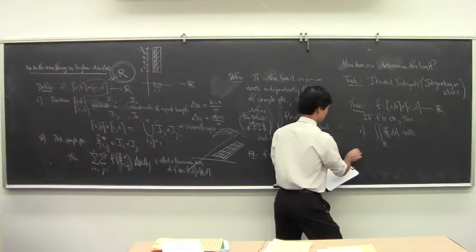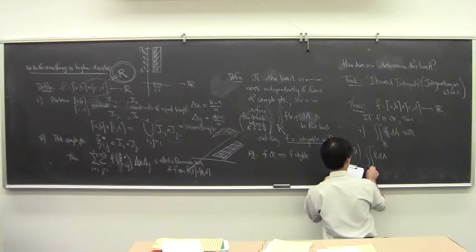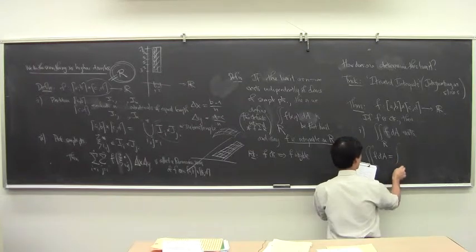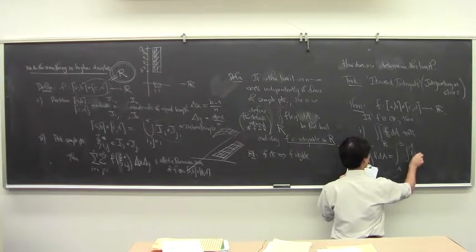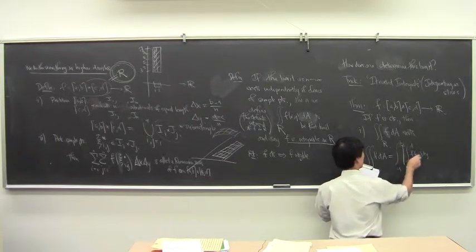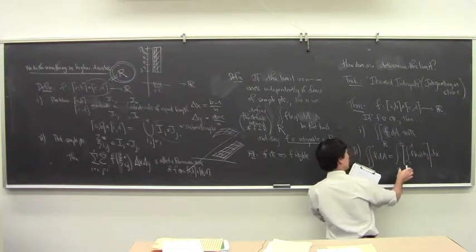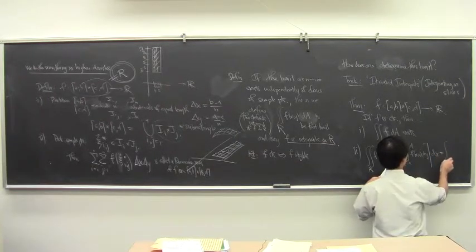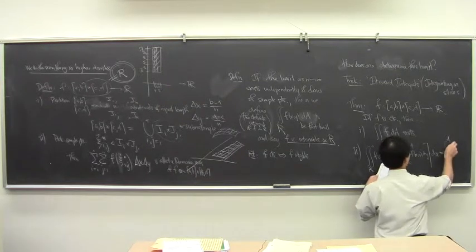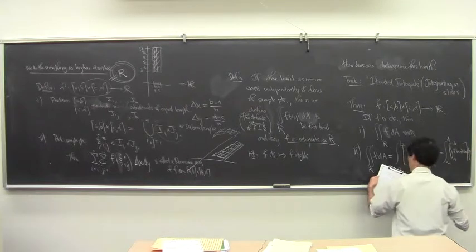And two, the integral can be calculated as follows. First you take the integral of f(x,y) with respect to y between c and d, and then you integrate the result of that over x from a to b. Or you do the opposite: you take the integral over x first, and then y.